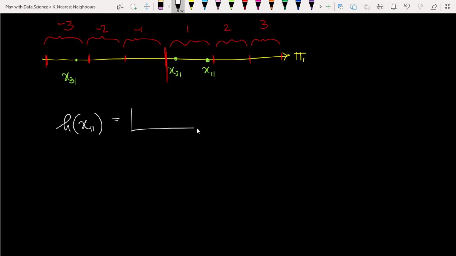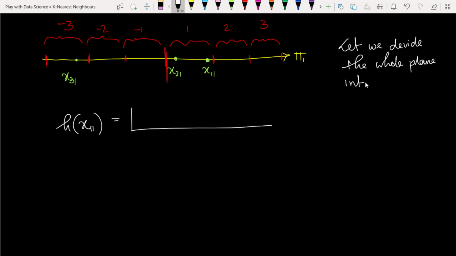Suppose we divide our whole plane into regions.